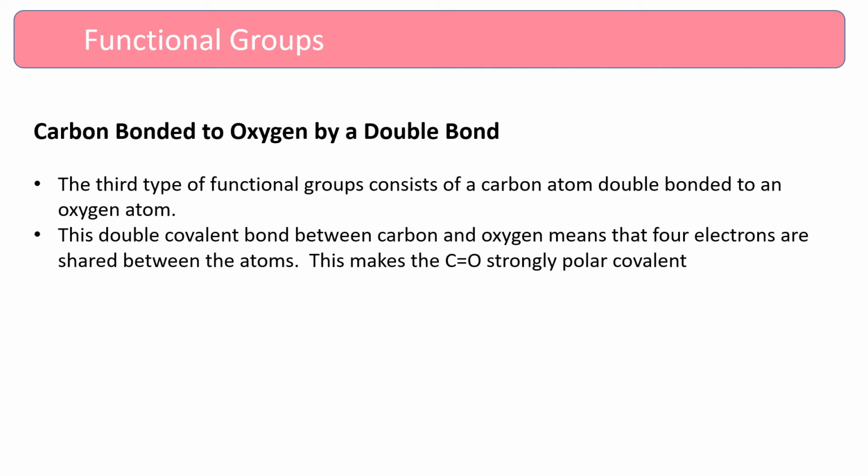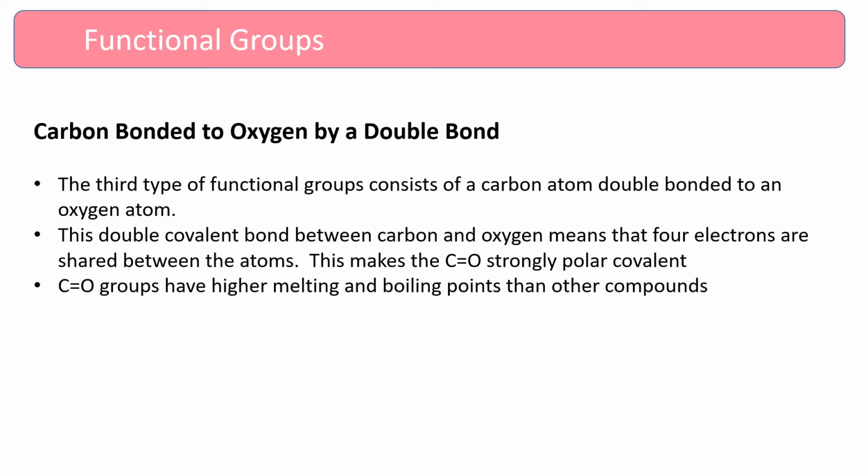This makes the carbon to oxygen molecules strongly polar covalent. C double bond O groups have higher melting and boiling points than other compounds. C double bond O have an increased solubility in polar solvents.